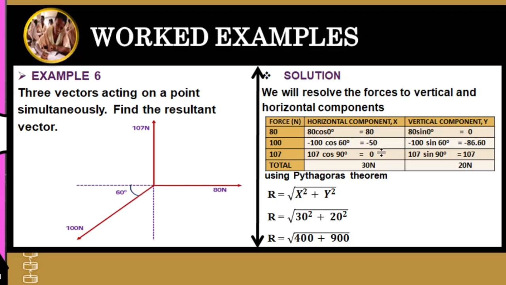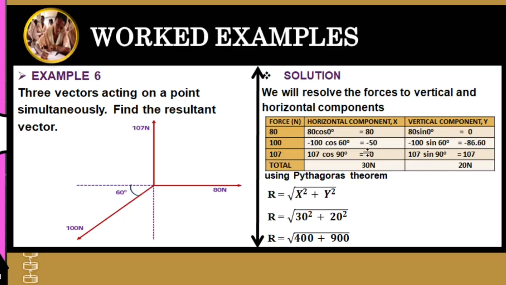For the vertical component, it is also pointing in the negative y direction, which is this direction, and that's why it has minus 100 sine 60, which gives us this. Now for the last force, this is a vertical force pointing in the positive y direction, so we have 107 cos 90 degrees, which gives us 0, because it has no horizontal component and this is a vertical component.